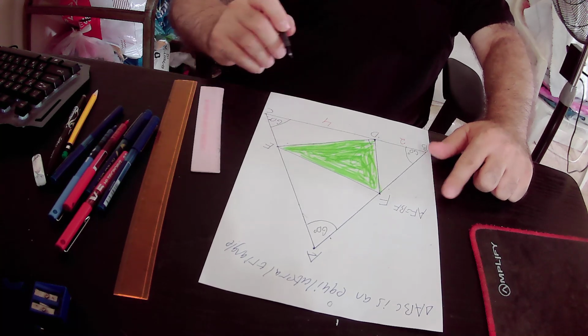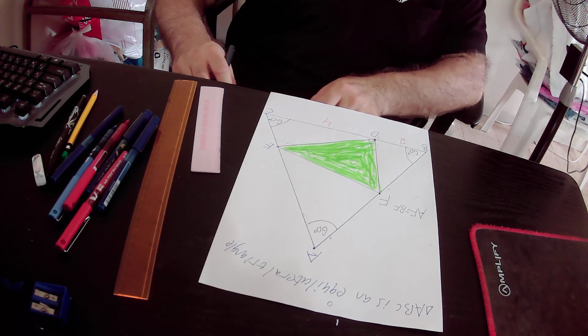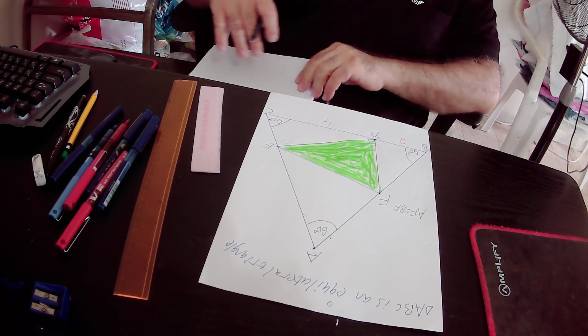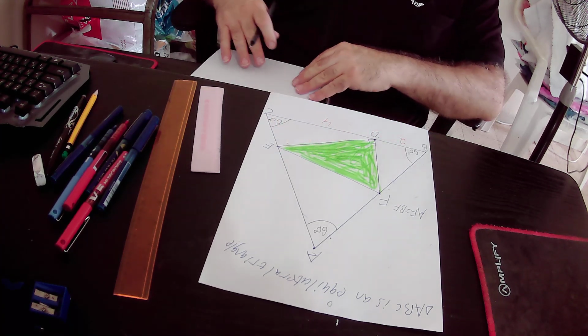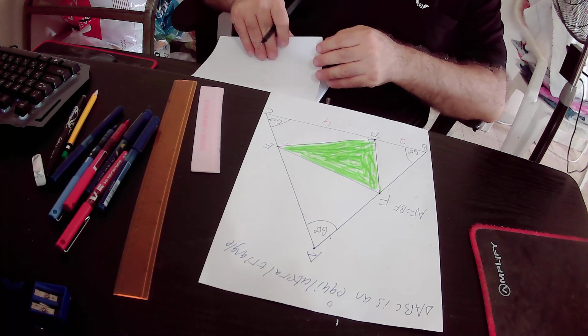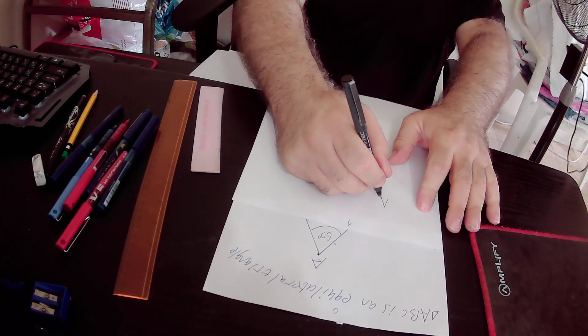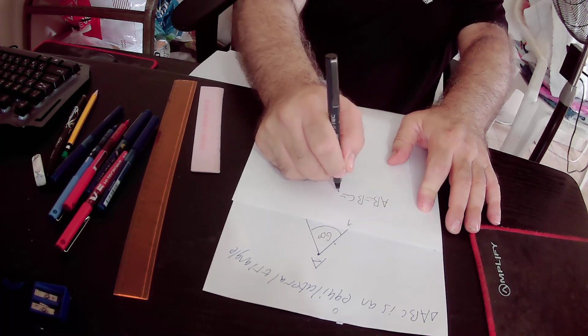And the sides of an equilateral triangle are equal to each other. That is to say, AB equals BC equals AC. So I write it down. AB equals BC equals AC.